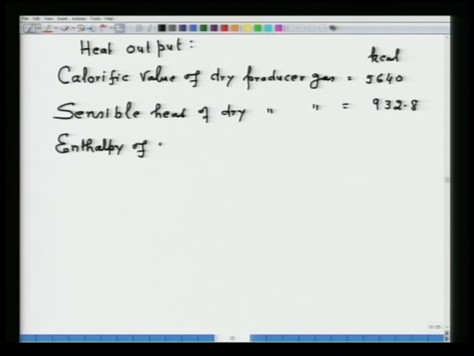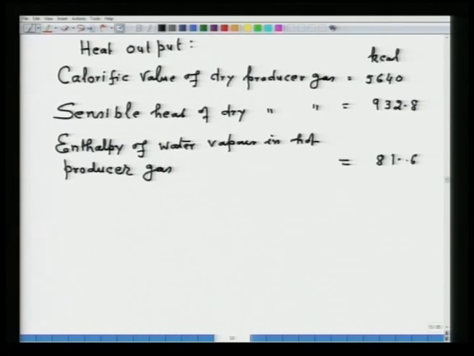When we say water vapor, we are talking about the hot producer gas, that we have calculated as 81.6 kilocalorie.